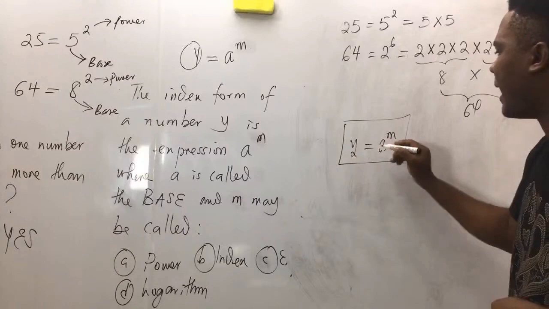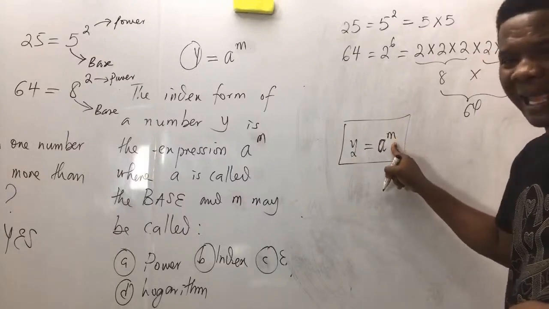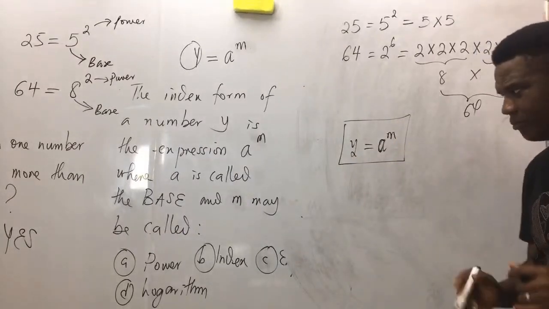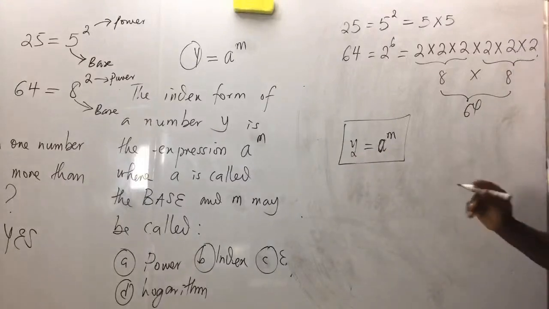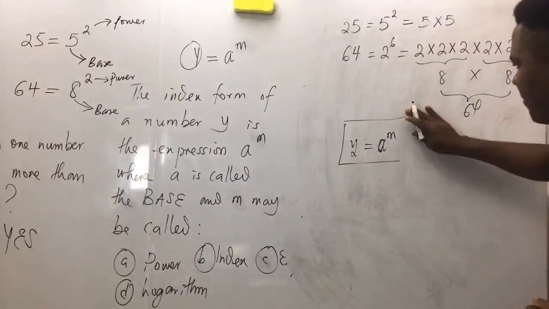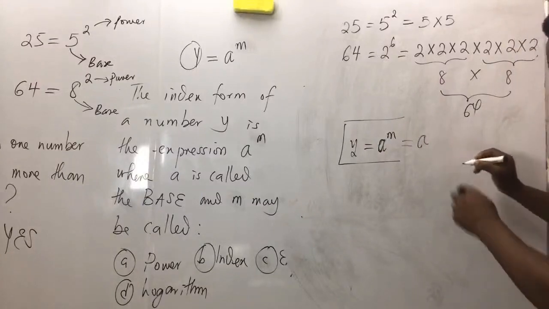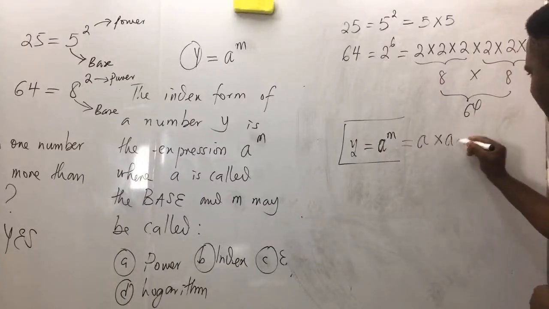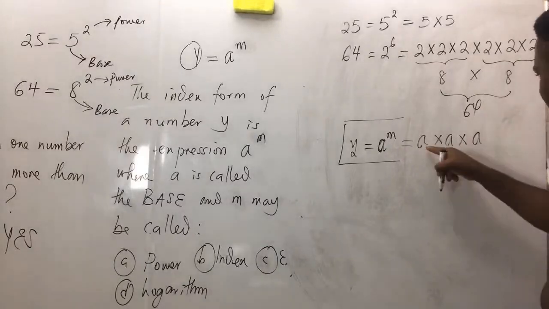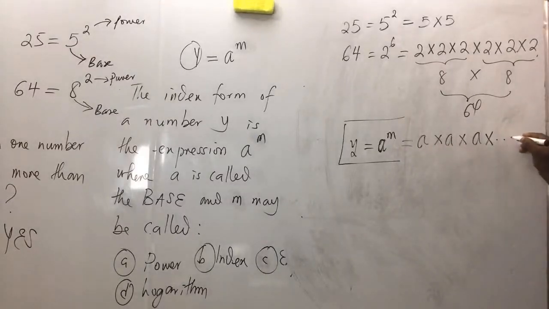When we write y equals a raised to the power n as the index form of y, how can we expand it? In my lesson with you guys, the expansion would mean a multiplying itself n number of times. So we are going to be using this notation.